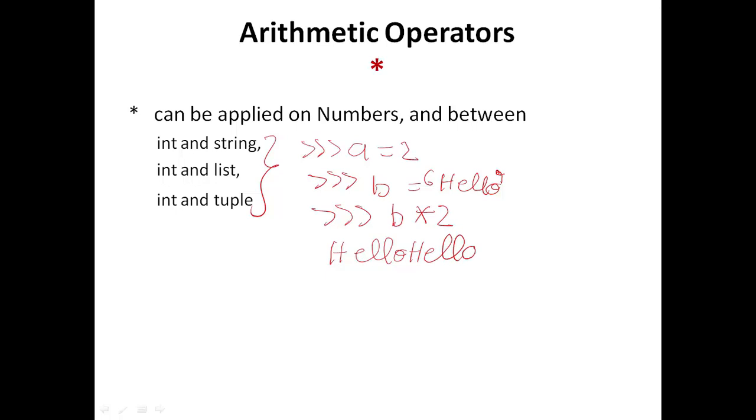So if you apply the integer and multiplication operator with a string operand, then it does a repetition operation, similarly for list as well as for tuple also.